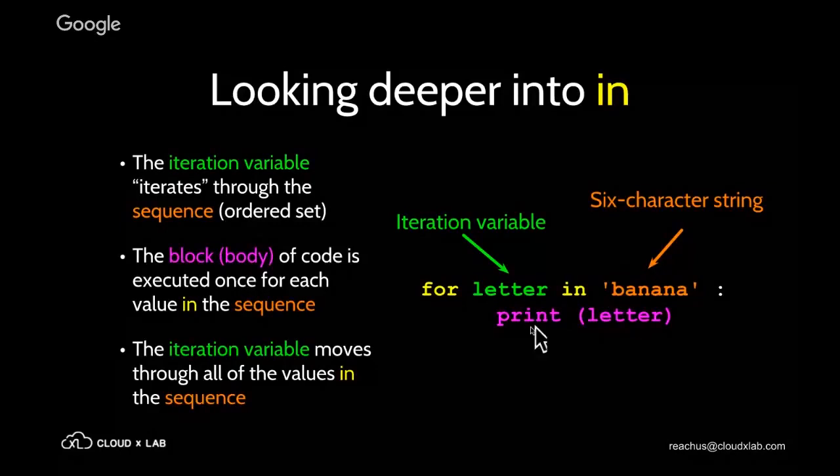The block of code, the body of the loop, is executed once for each value in the sequence. The sequence could be anything: a string, an array, or a result from a data set. So the iteration variable moves through all the values in the sequence. That's what is going on.